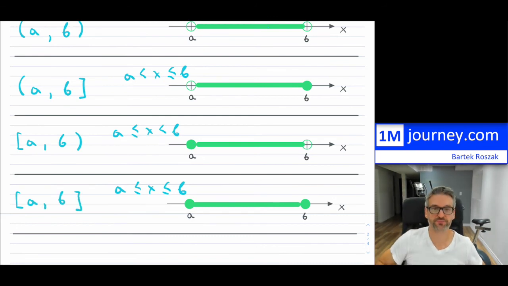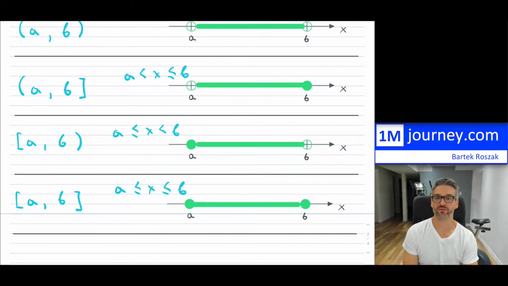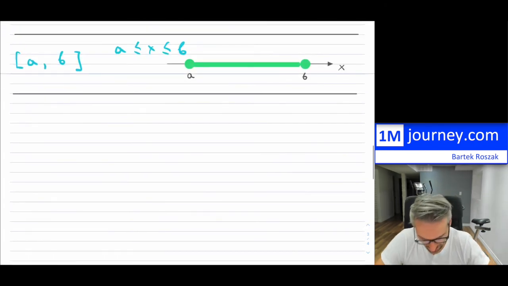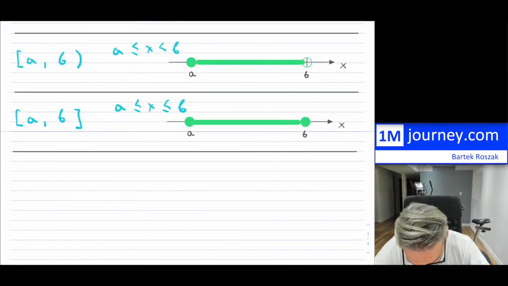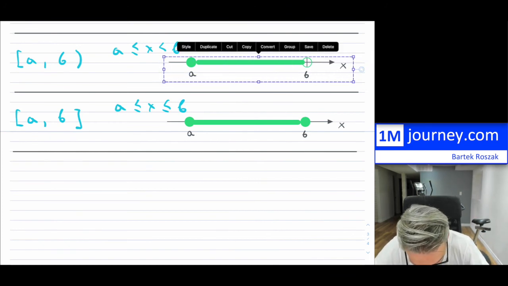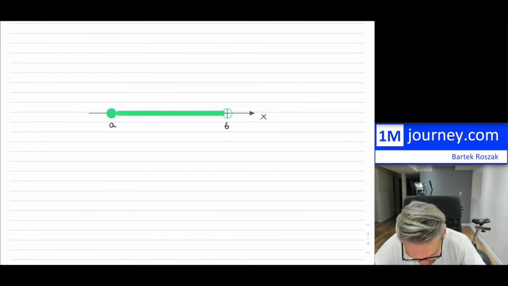All right. So I hope that with all of these, you get an understanding of the difference between bracket notation and interval notation. And by the way, just to leave you off, let me copy one of these right here, paste it, and give you a general example, because you might run into something like this.